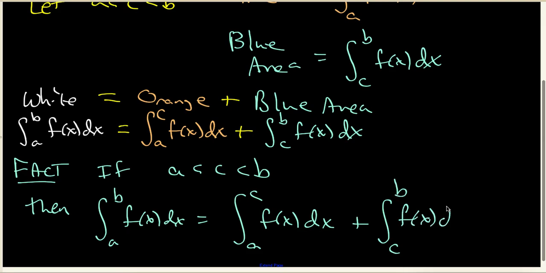plus the integral between c and b of f of x dx. Now our third basic property is one that is based on the fact that continuous functions have a very nice property. So I want to remind you of something called the extreme value theorem from Calculus 1.